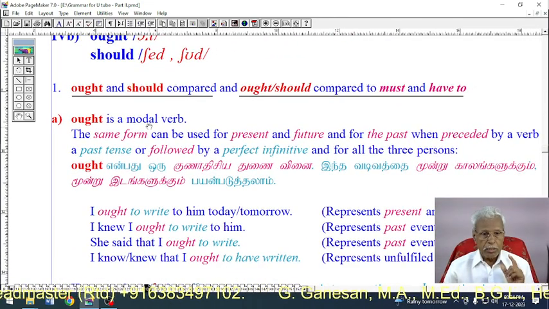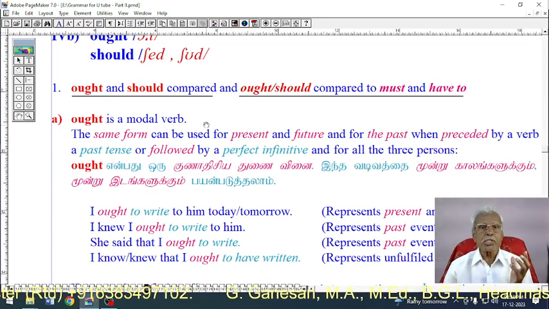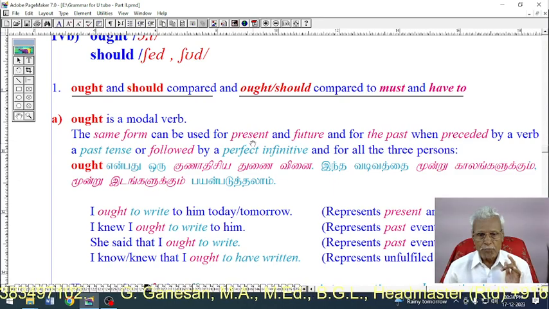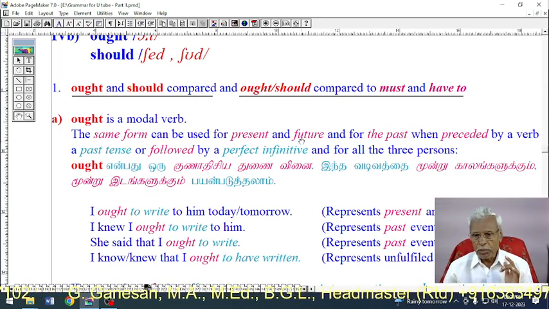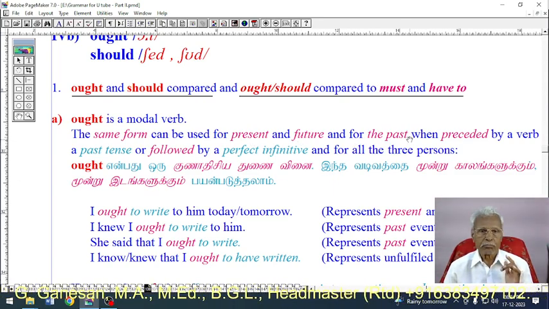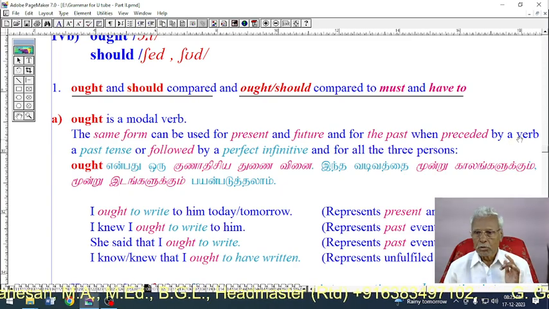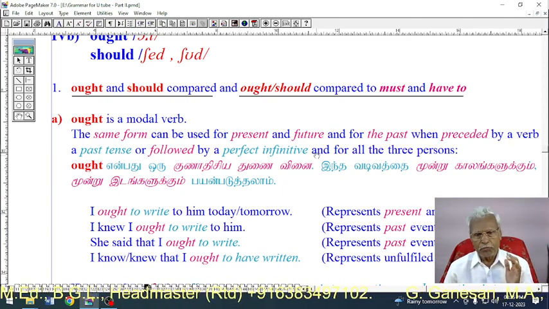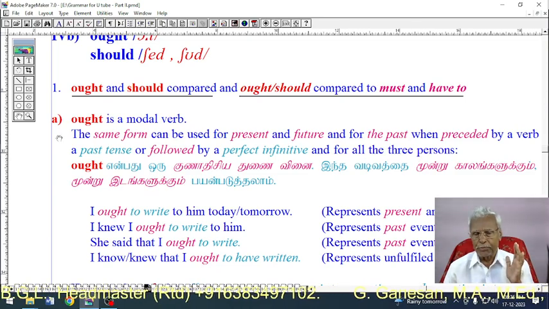Ought to is a modal verb, a modal auxiliary. The same form can be used for present, future and the past, for all three persons.